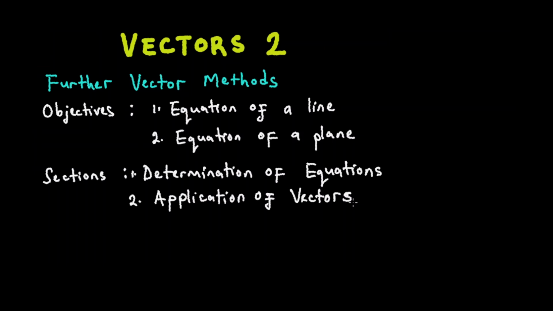Now the first thing we are going to do is determination of equations. In the scope of today's lesson, we are going to do the equation of a line. Saka tiruda kuita determination of equations, which is the first section.